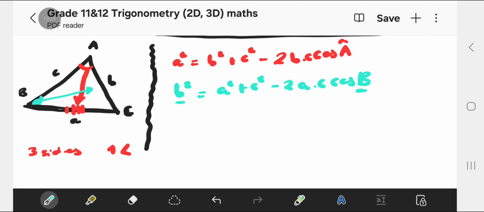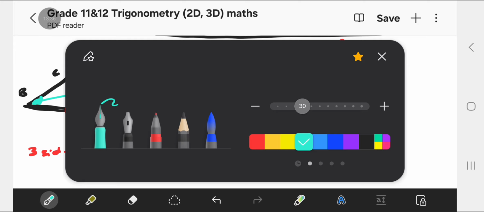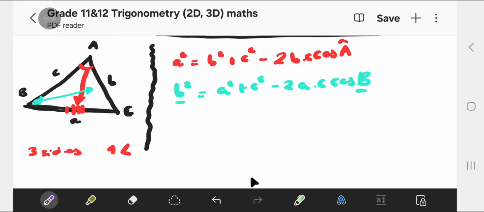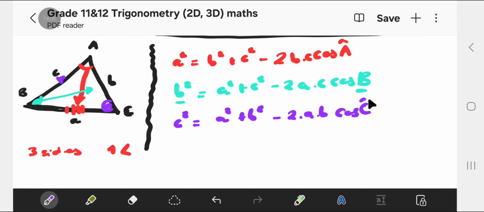Similarly, if you're trying to find this side c and you're having this angle C, we can also say c squared is equivalent to a squared plus b squared minus 2ab cos of this angle C.